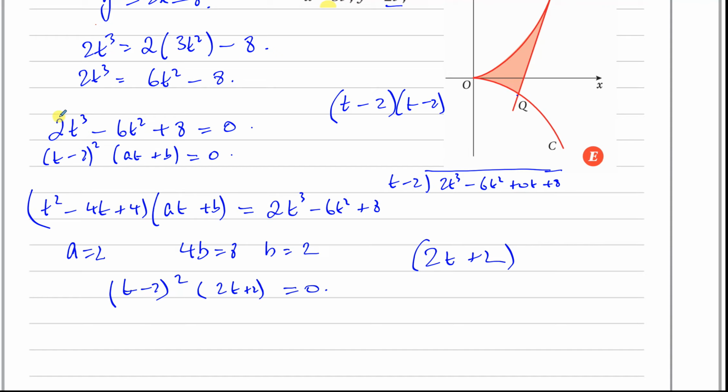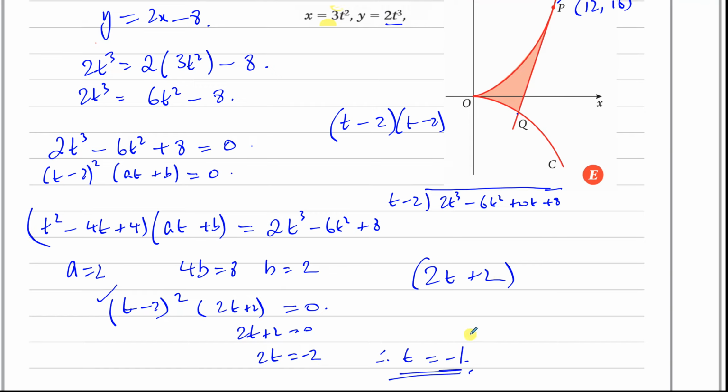That's going to give me this expression here. So we know this already. This is the other solution when 2t + 2 equals 0. So 2t equals -2. Therefore, t equals -1. So t equals -1 is the value of t at Q.